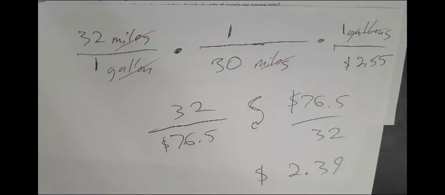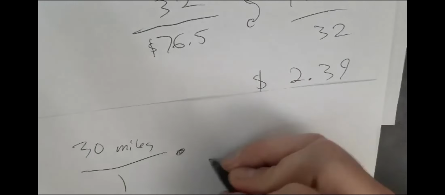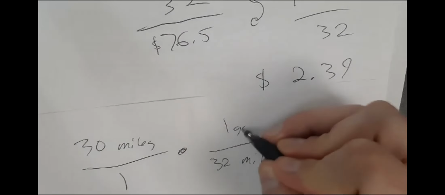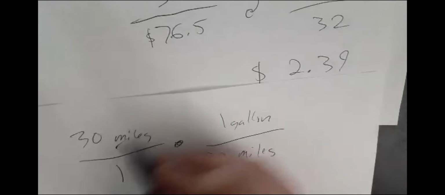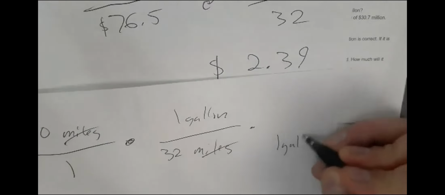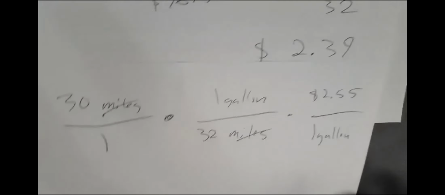The way you should have done it, let me do this again really quick. We get 30 miles over 1. We get 32 miles. One gallon is 2.55. And this would arrange things in the right order.